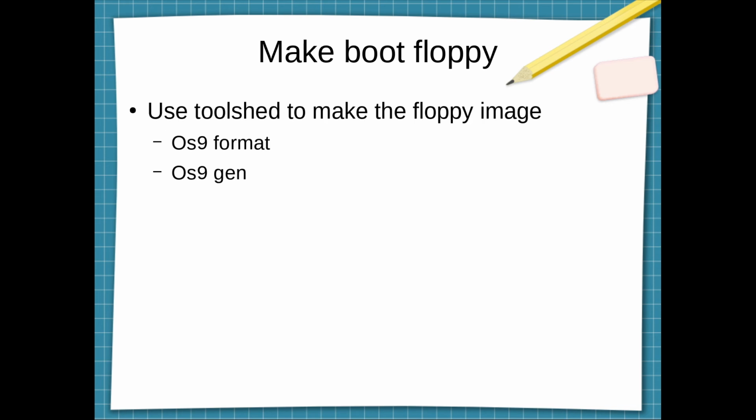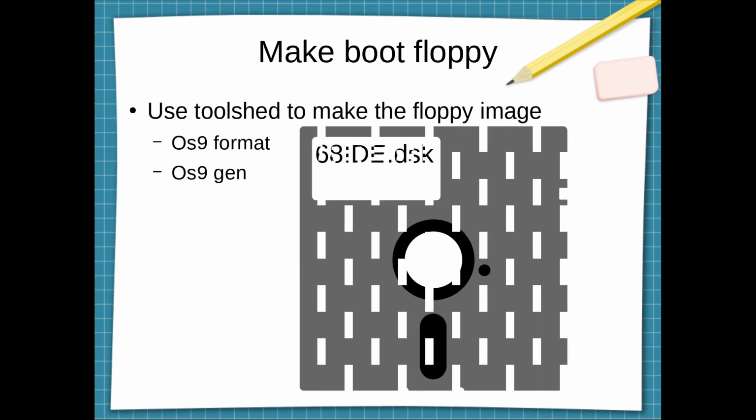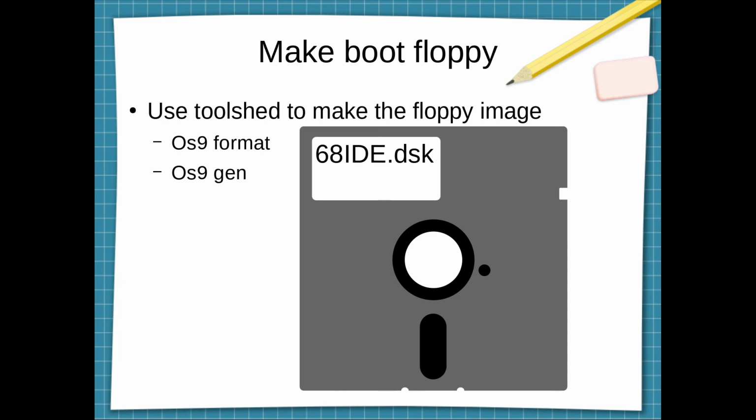The next step is we put all of these together onto a bootable OS9 floppy disk. This is an image. We're going to call this 68IDE.disk, and it was generated using toolshed. We run the OS9 format command, which generates a disk image.